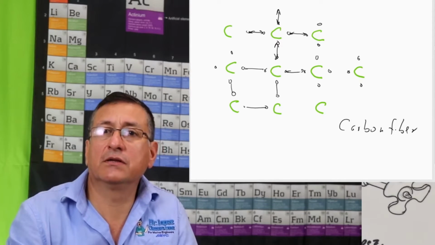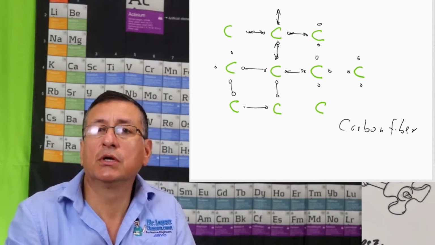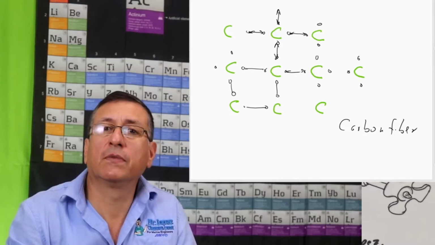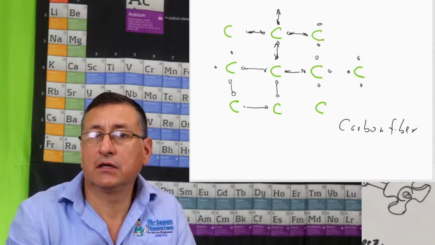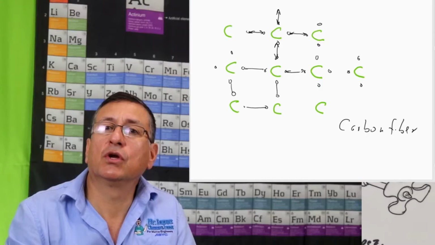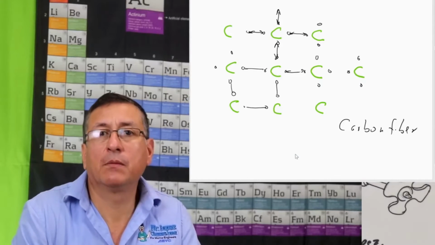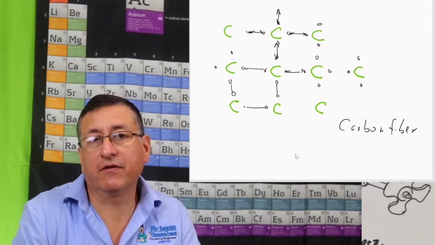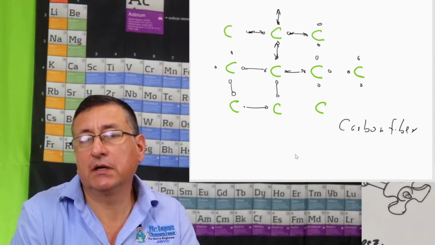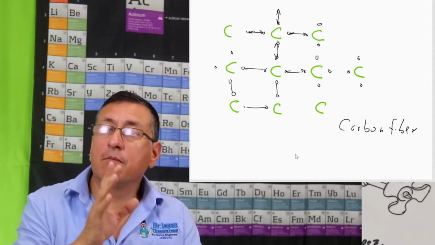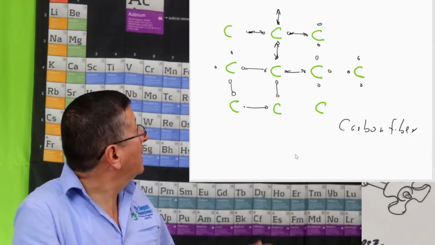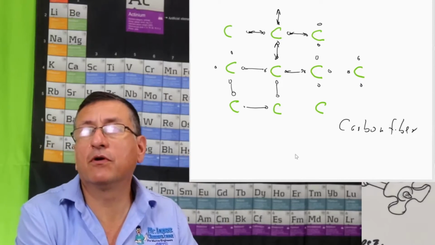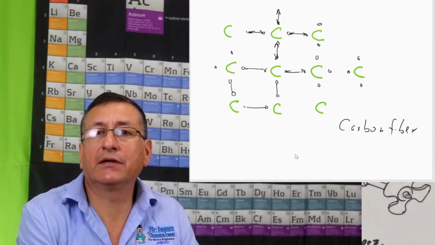In carbon fiber it is recommended to use epoxy resin, and in fiberglass people normally use polyester resin. That's the difference between both structures. But both of them use elements located in group number 4: carbon, silica, and germanium.